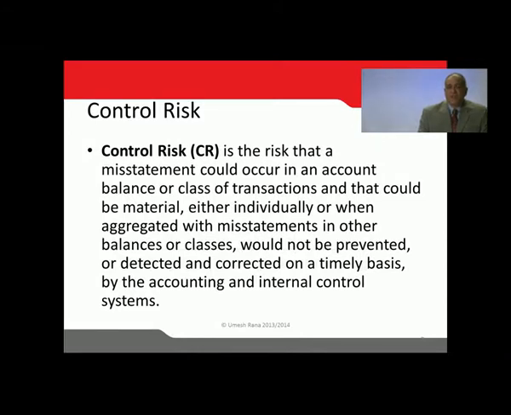So in other words, if the controls are poor in an entity, there is a greater likelihood of misstatements occurring. Conversely, if you have an internal controls system in an entity which is very strong, there is a lesser likelihood of misstatements occurring, because the very nature of an internal control is to prevent, detect, and correct misstatements.